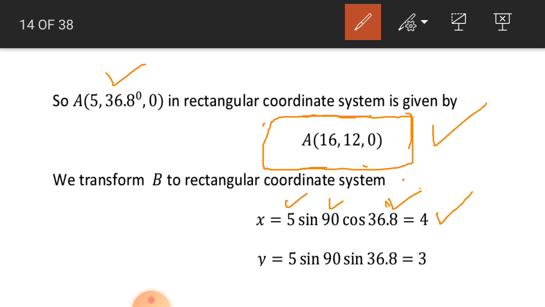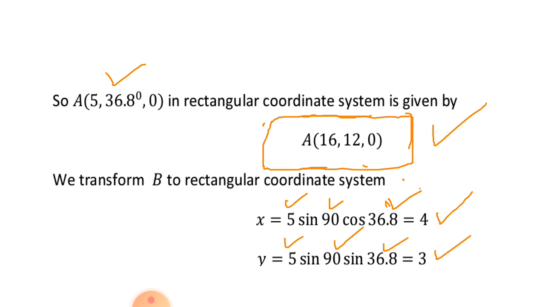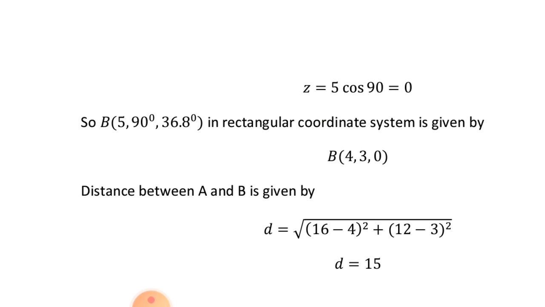We know that y is equal to r sine theta sine phi. So y is 3. We have calculated the x coordinate of point B, which is 4, the y coordinate of point B, which is 3.